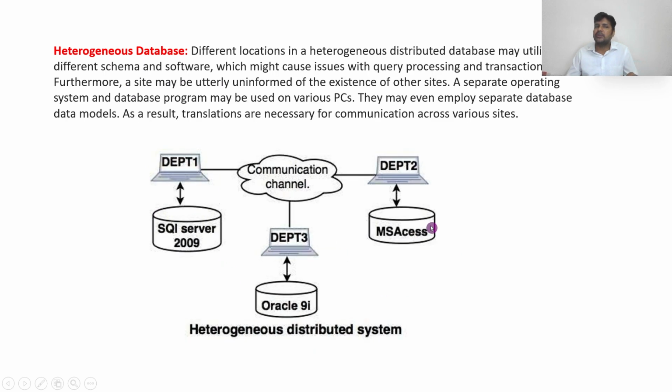But when it comes to a heterogeneous distributed database, different locations may utilize different schemas, that means different structures, different software, operating systems, different DBMS. To make this uniform, we have to create separate data models, separate database programs, because here we have SQL Server, here we have Oracle 9i, here we have MS Access, and here we may have different operating systems.